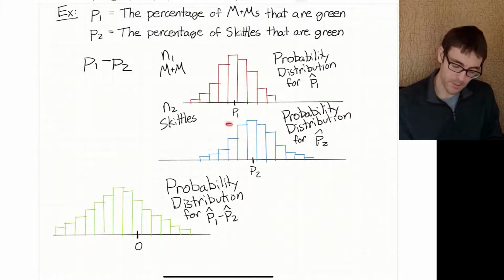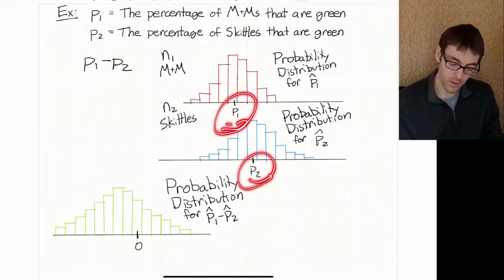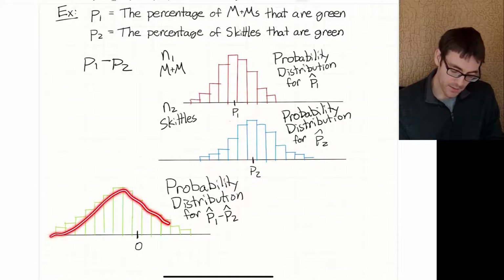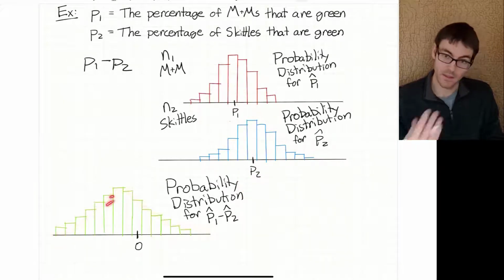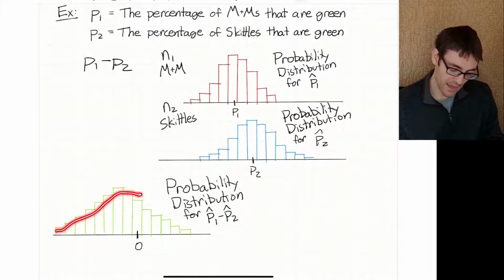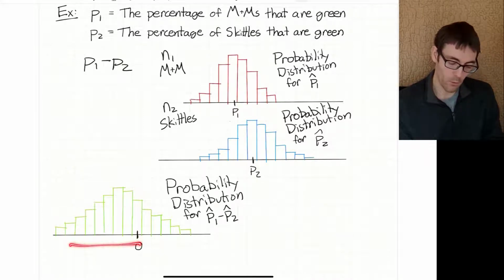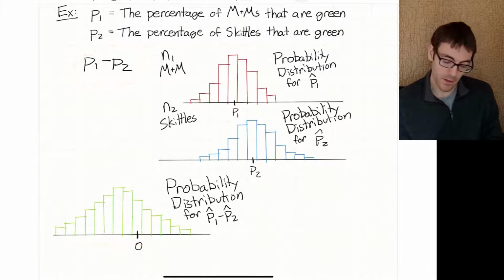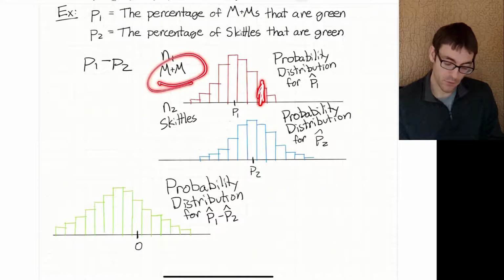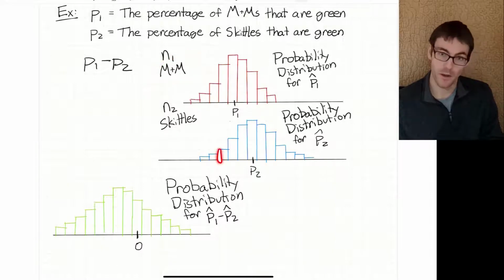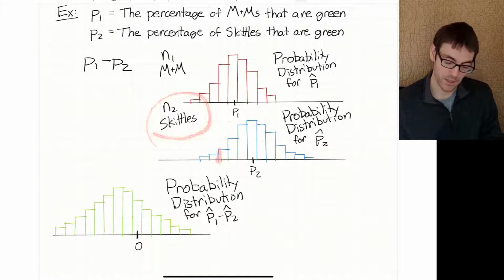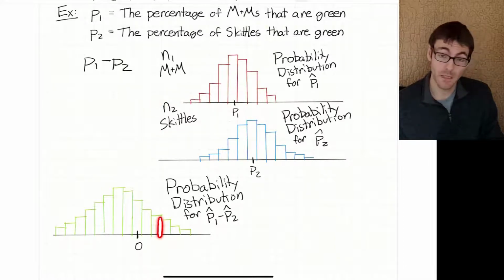Because, again, the way I've drawn it, P2 looks a little bit bigger than P1, more often than not, the sample that we take is going to have a negative value for P1 hat minus P2 hat. But it's certainly possible for the sample of M&Ms that we take to have a greater proportion that are green than the sample of Skittles that we take. And in that situation, this P1 hat minus P2 hat is something positive.